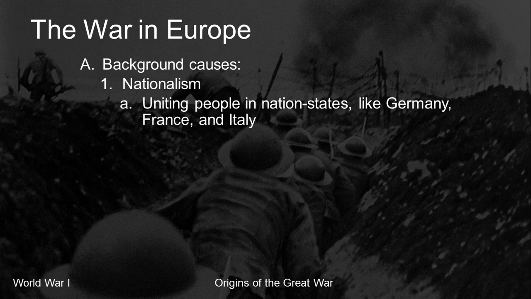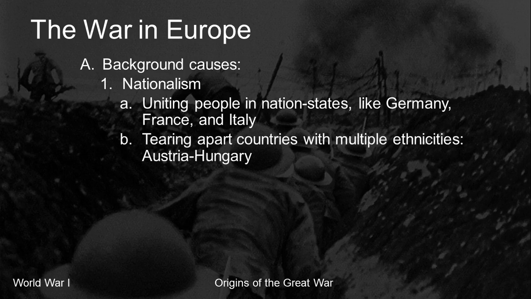And it was a good thing for people that were in these nation states like Germany, where everyone is German, or France, where they're French, and so on. That was uniting these countries, a common people who felt they had a common purpose. But it was also tearing apart countries that were empires, like Austria-Hungary.